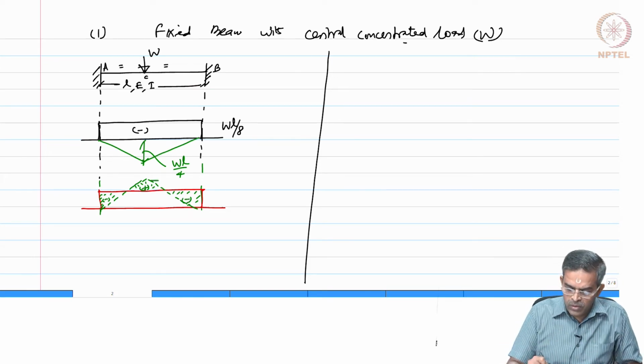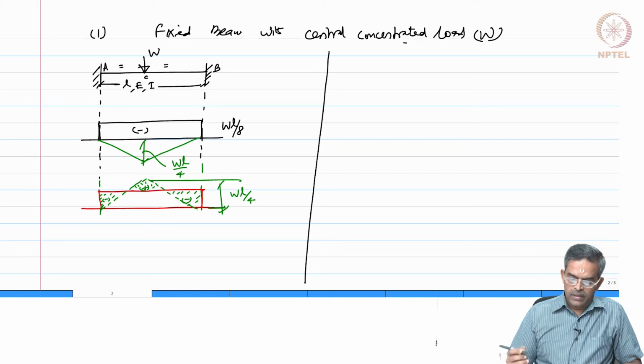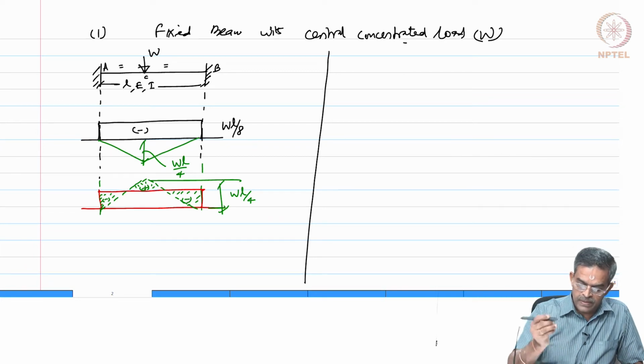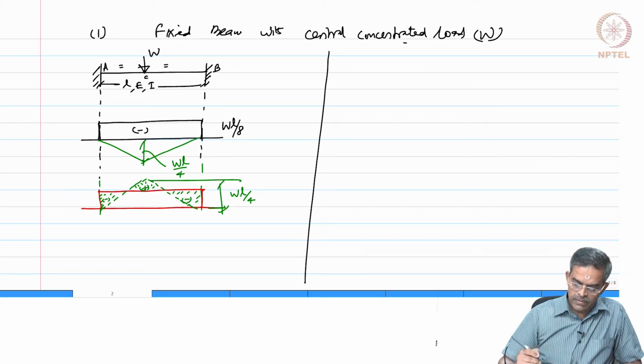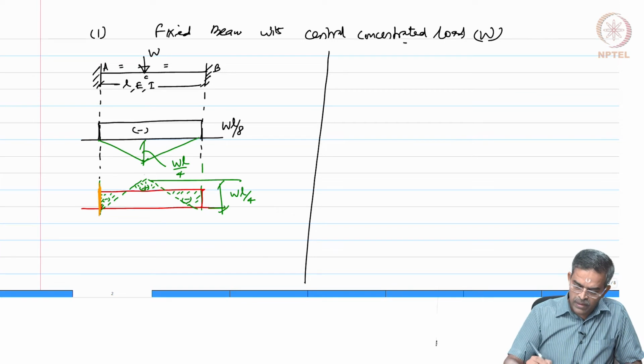We already know that this value is WL by 4, right. So, now where are the critical sections here? The critical sections are at 3 different places. Let us mark them. The critical sections can be here, can be here, can be here.